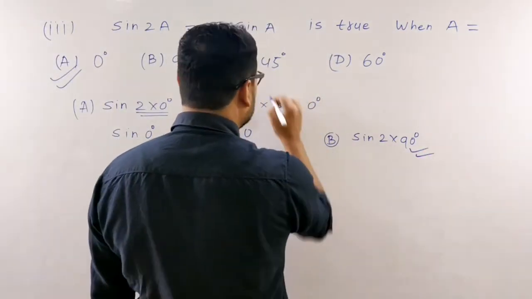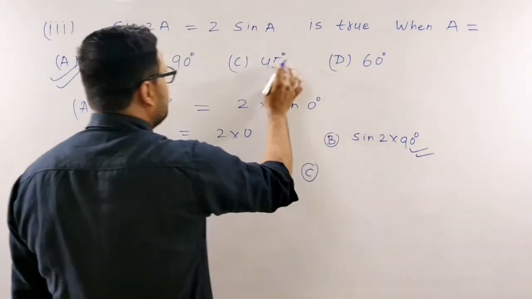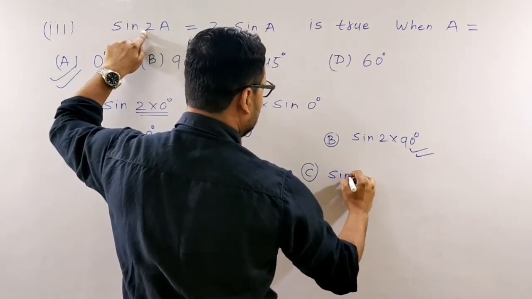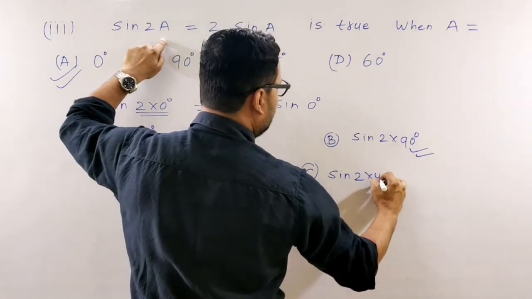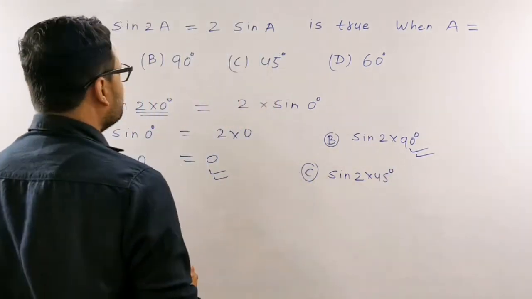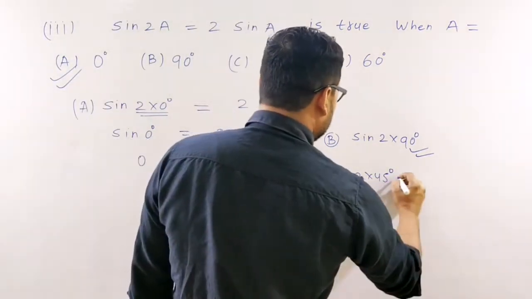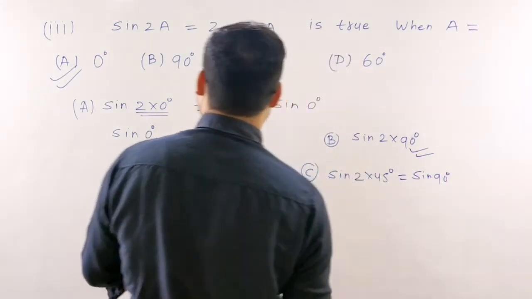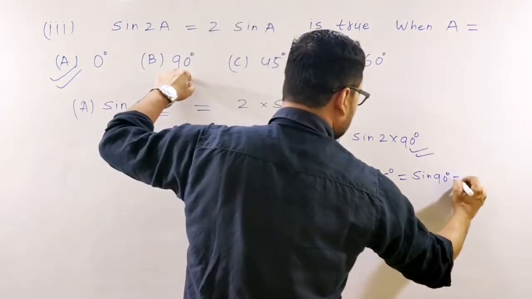If I do C, that is 45. Now sin 2 into 45 is equal to 90, and sin 90 is equal to 1.